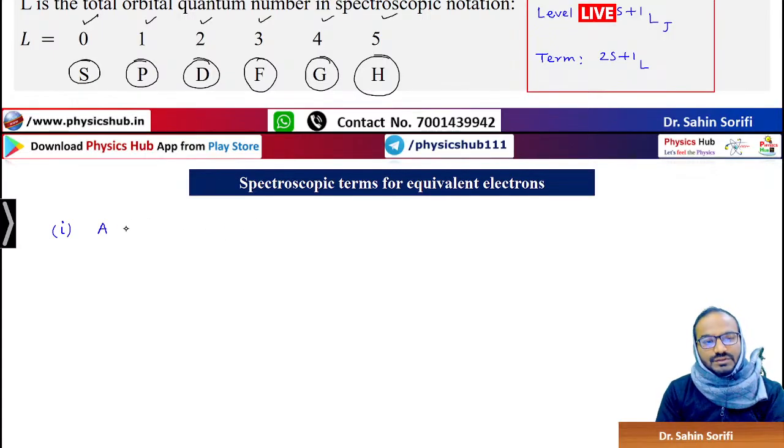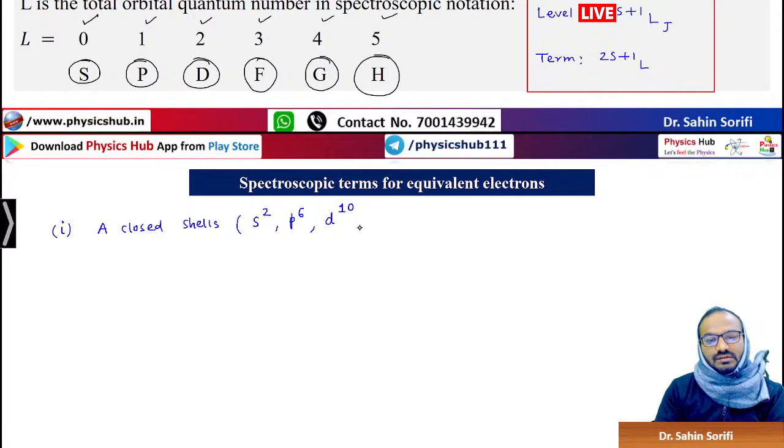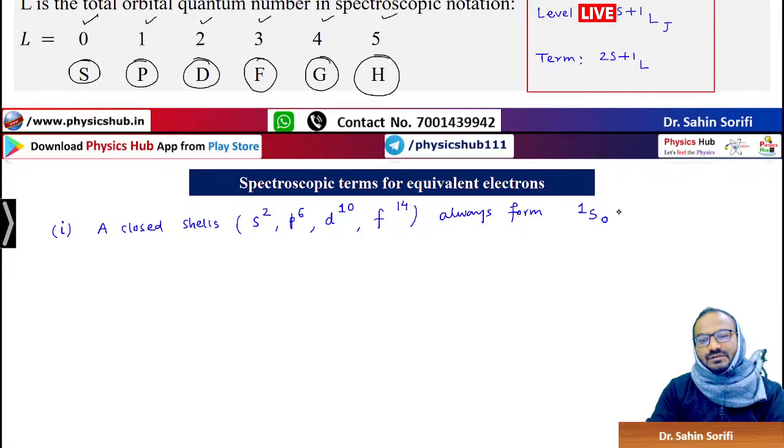So if you have a closed shell, s2, here the 2 electrons of the s orbital are equivalent. p6, p orbital, 6 electrons, they are equivalent. d10, maximum it can hold 10 electrons, or f, it can hold maximum 14 electrons. So if you have closed shells, they always form one 1S0 term. Okay.